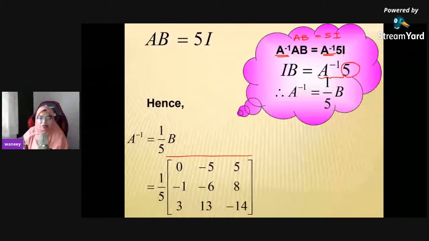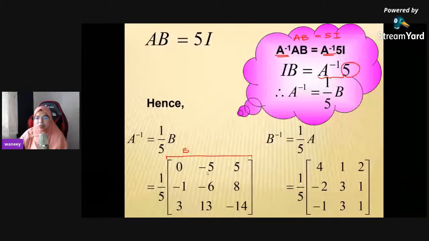So we take matrix B here, and then we multiply it by 1 over 5. And B inverse is 1 over 5 times A. It is the same procedure actually.